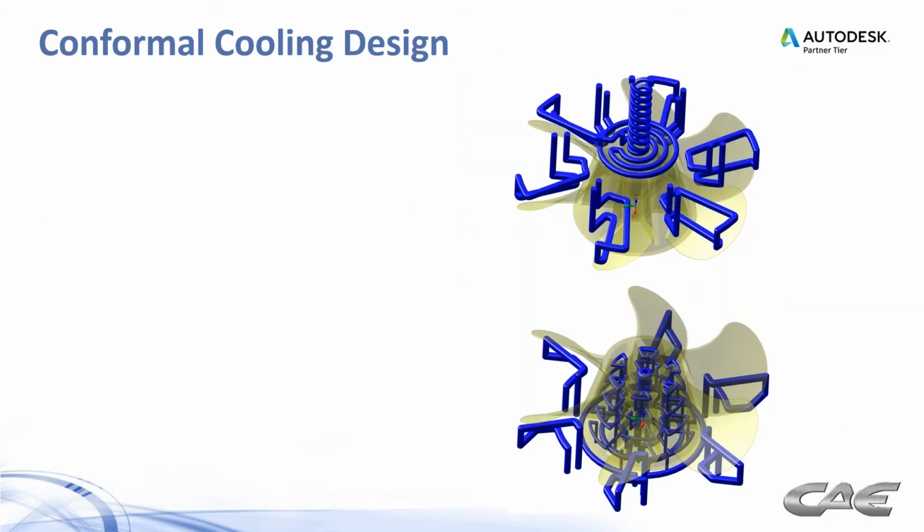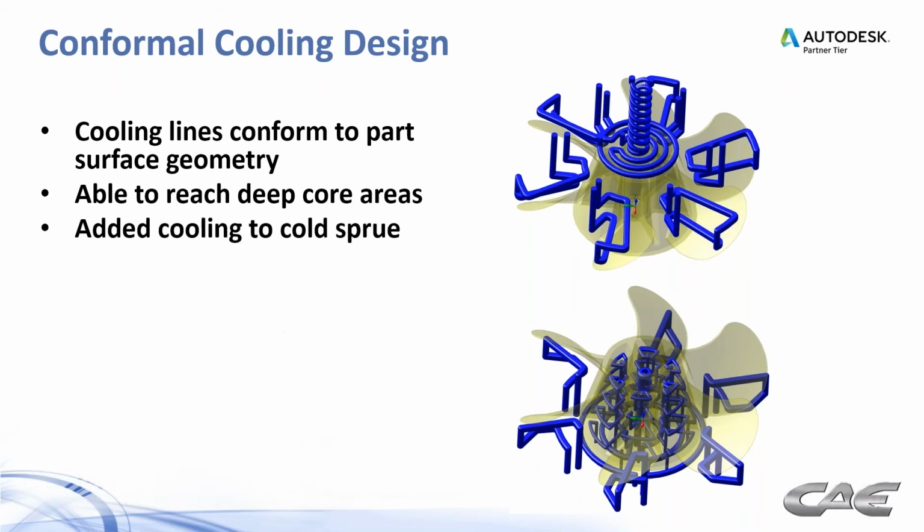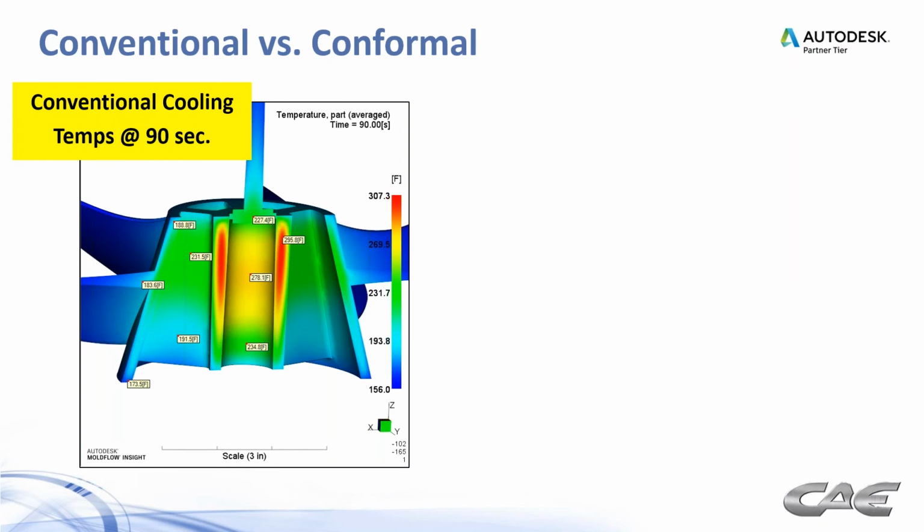So here's a conformal cooling design idea. You can see we have cooling lines that conform to the part surface geometry, particularly in the fan blade areas. We're able to reach the deep core areas a little easier than we could with the conventional cooling. We added cooling to cool the sprue. So we look at the results of conventional versus conformal.